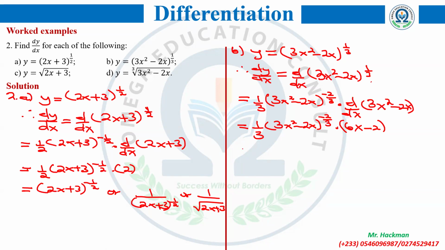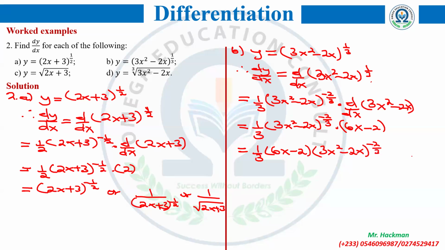So it means I'm going to get this to be equal to 1/3. I'm bringing this one next, my next prettier factor, so 6x minus 2, then times 3x squared minus 2x. You know multiplication is associative, so we can rearrange, to the power minus 2 on 3.